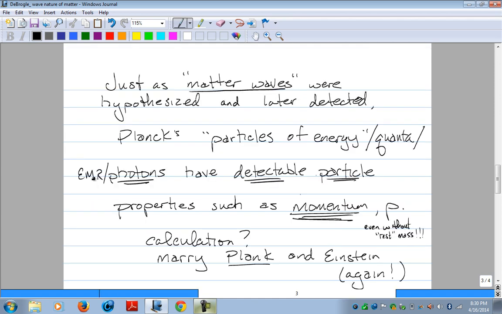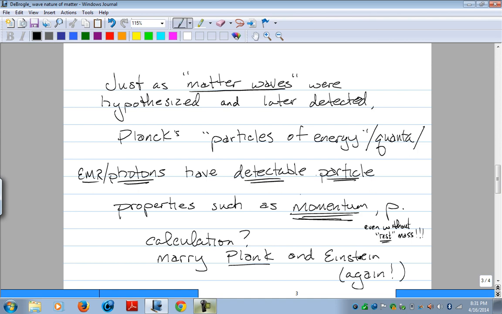On a related note, but a completely separate question, we can come up with another version of Planck's equation relating the energy of a photon to its frequency or wavelength. This time we'll focus on the particle properties of photons or electromagnetic radiation that have no mass, or strictly speaking no rest mass.